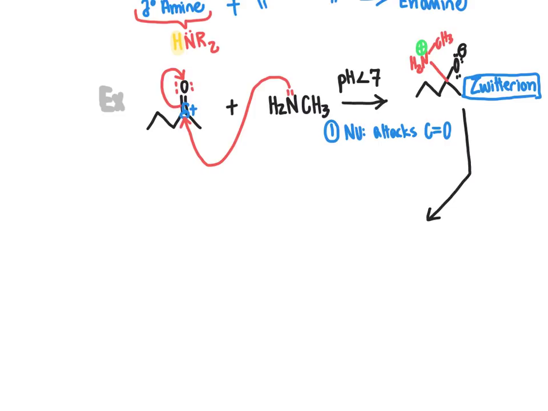And so we have a couple of options here. One is that we could bring in a base to deprotonate our nitrogen. We could bring in an acid to protonate our oxygen, or we could do an intramolecular proton transfer here where we just take the existing extra proton here that's on the nitrogen and we grab that with our oxygen acting as the base.